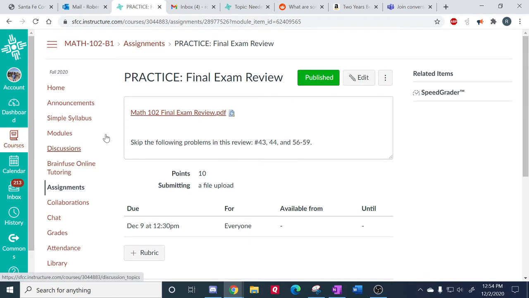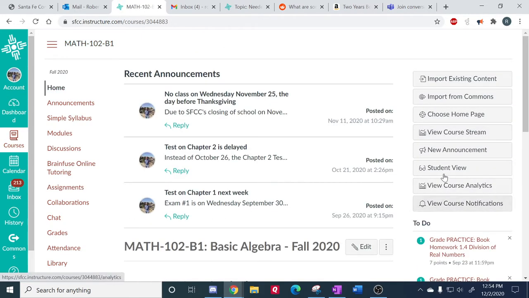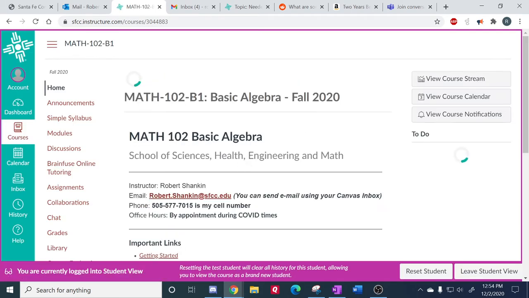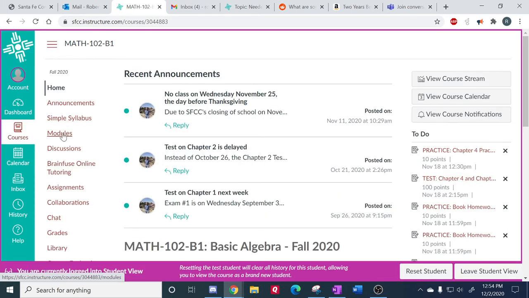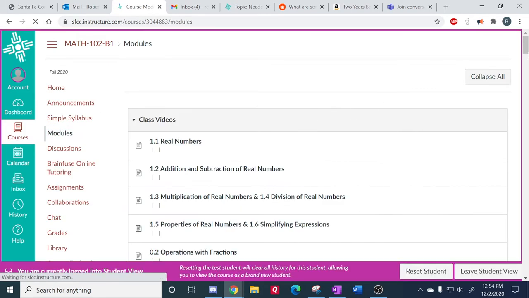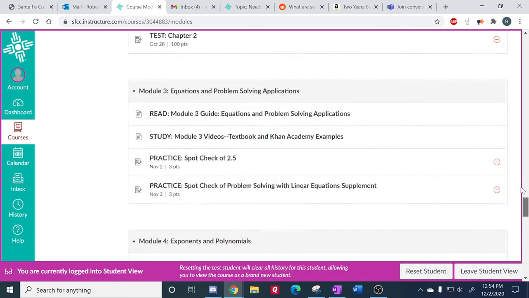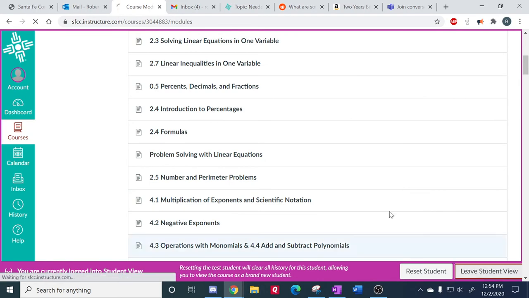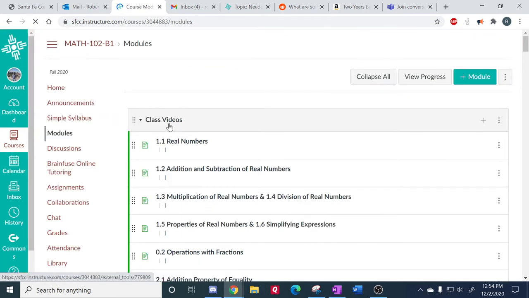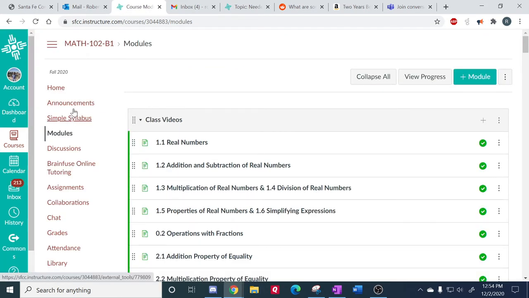And when I go into student view, something crazy happens too. Wow. All right, let me go back into student view and see if it's there again. No, it's not there, and you guys are finding it unavailable. What I can do during the break... It's under assignments, but it doesn't let you view it.